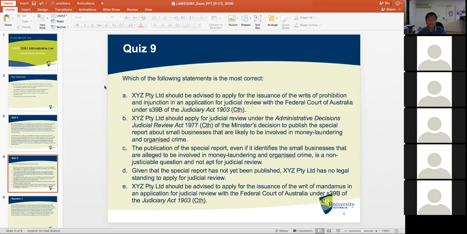I could also highlight a few points, but in the meantime, can I get all of you to attempt to answer quiz 9? So I can gauge a level and get a sense of what you think is the correct answer to this quiz.